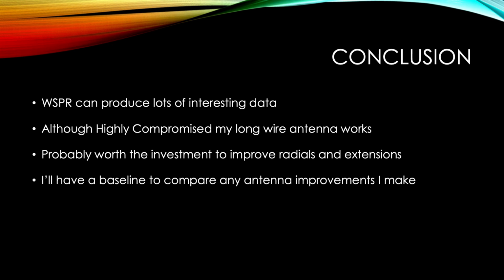And I'm going to do that from the very top of my chimney down to each side of the pergolas. That will give me an inverted V sloper with an off-center fed Windom at 80 meters and cover quite a few bands. I'm hoping to see that that's a big improvement.